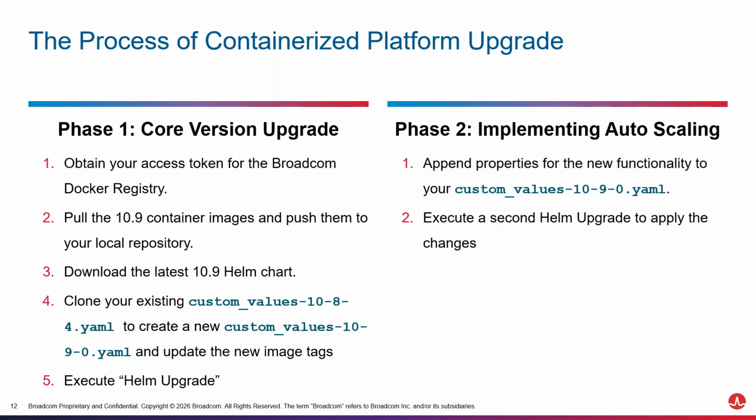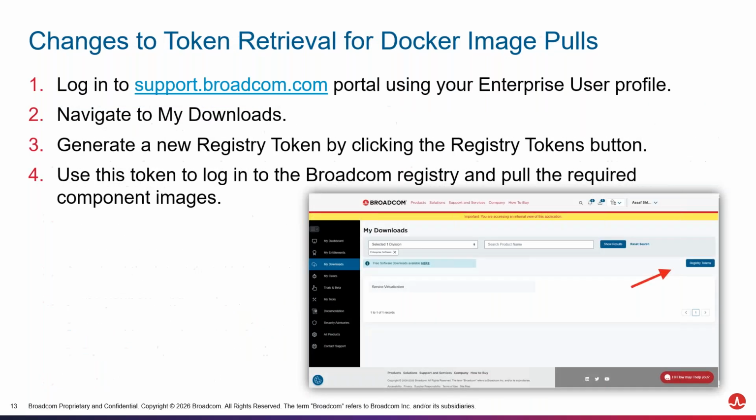In the next slide, we have the actual slight changes for obtaining the access key. Up until recently on the Broadcom support site, you had to choose your specific product, link to your specific version, you had the Docker icon, and then you got some indication how to do it.